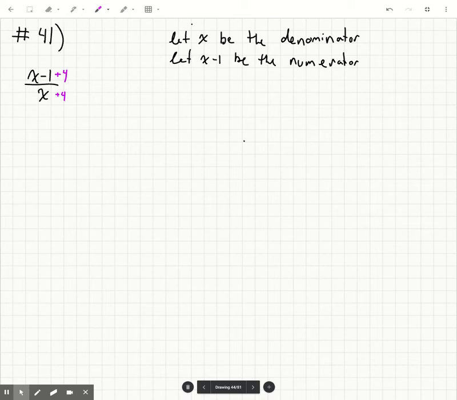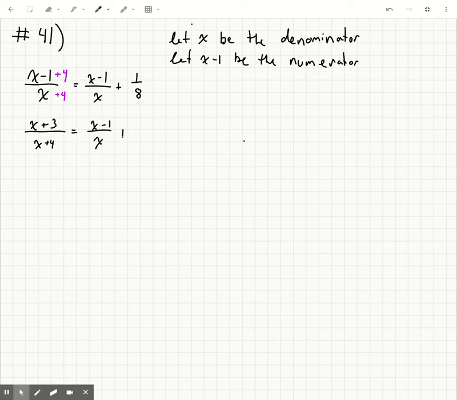So this would be equal to our original, which was x minus 1 over x plus 1/8. Let's simplify these here. So we have x plus 3 over x plus 4 is equal to x minus 1 over x plus 1/8.